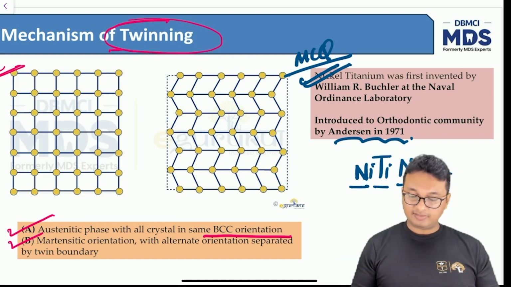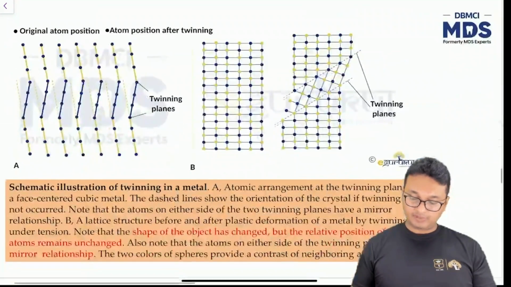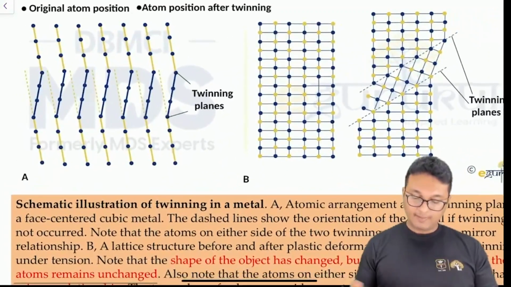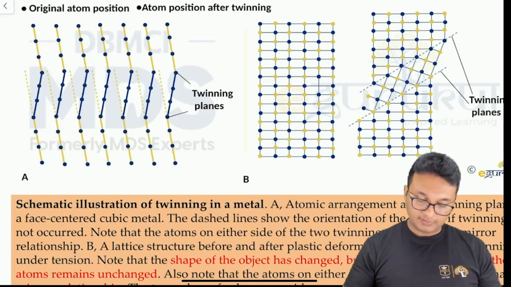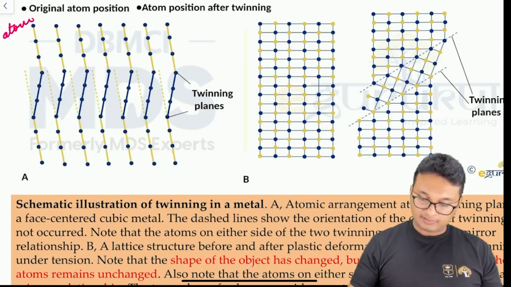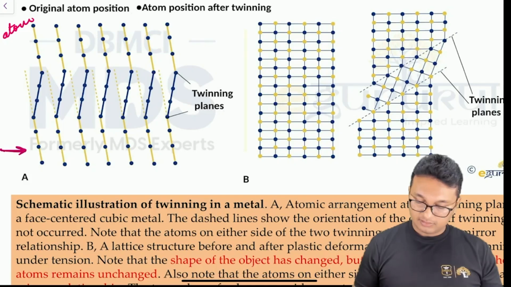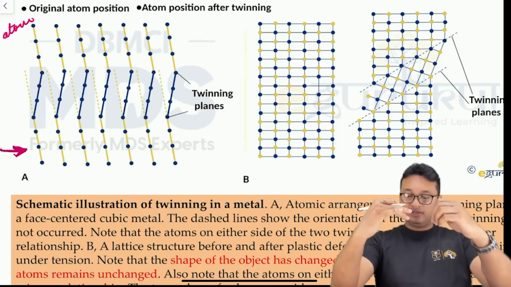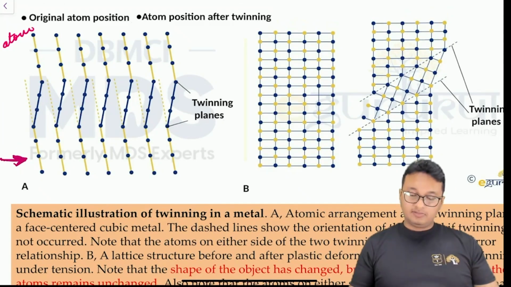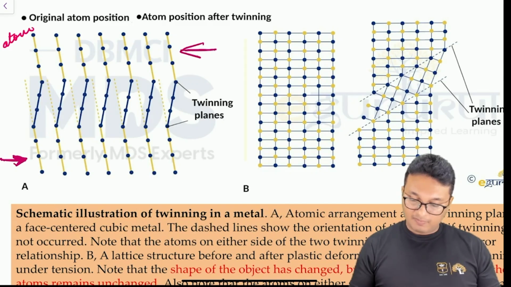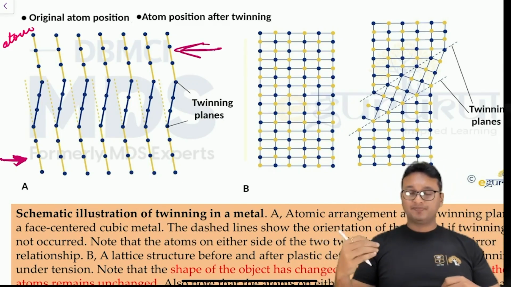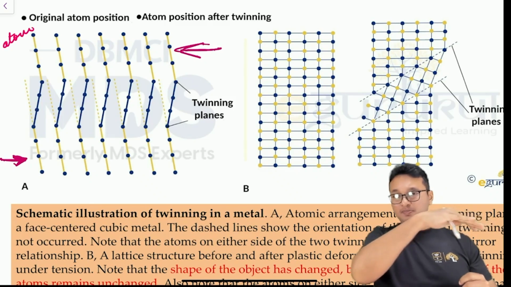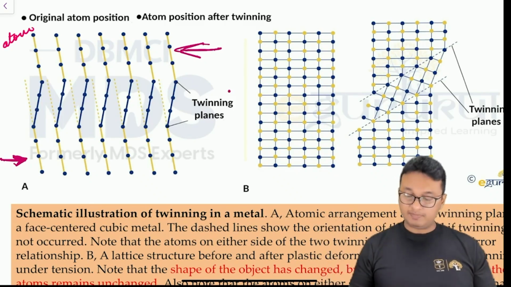As you can see in this figure, this is the original atom position. If I apply some force in this direction at the upper end of the wire and an opposite force in the lower direction, there is a small plane that is called a twinning plane.